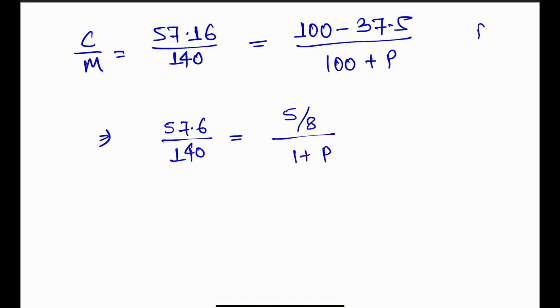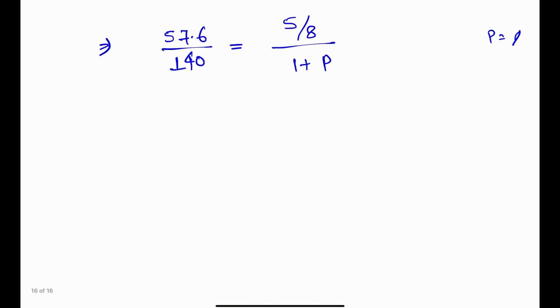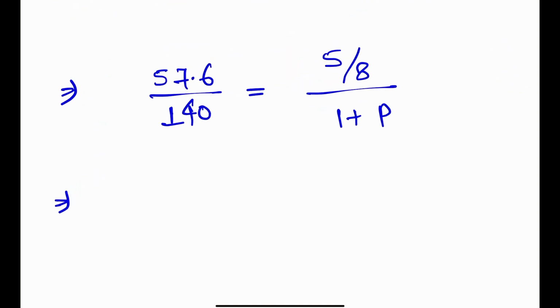Here p was in percentage, and here p is in fraction, so I just divided everything by 100. Okay, so that's how I came to this conclusion. So 1 plus p, if I try to reduce it to fractional terms, will it be possible? So 49, 56, no, it's not possible. Okay, let's bring it into decimal terms.